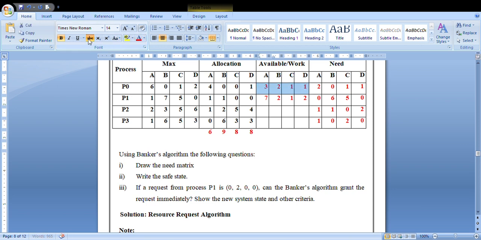Scratch it out. What is the next updated value? 8312. You can scratch this out. So now what is the next value? 8566. Sorry, 9566. Scratch out the previous value.